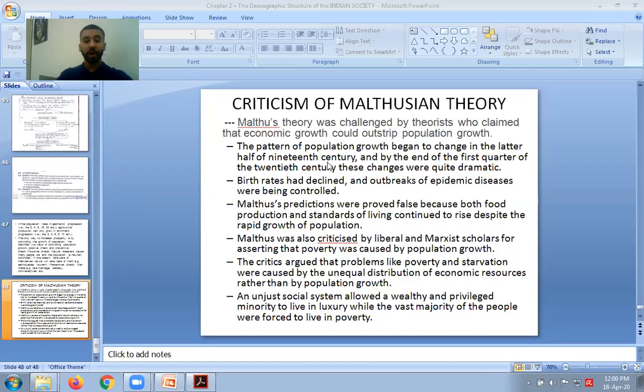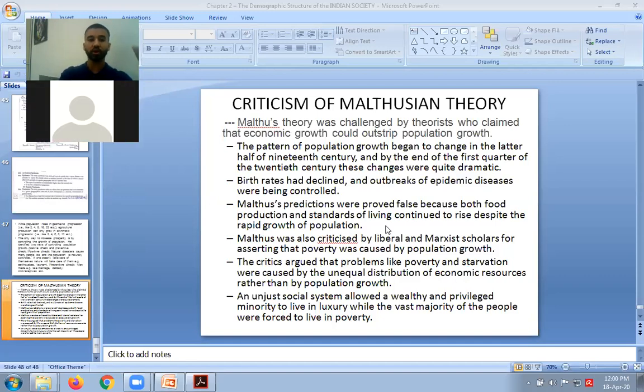But despite population growth, the standard of living continued to rise, right? It was not that population was wholly responsible for starvation or poverty, but other reasons were also there. So these all were the criticisms of the Malthusian theory, right? I'm sure you have understood this as well.